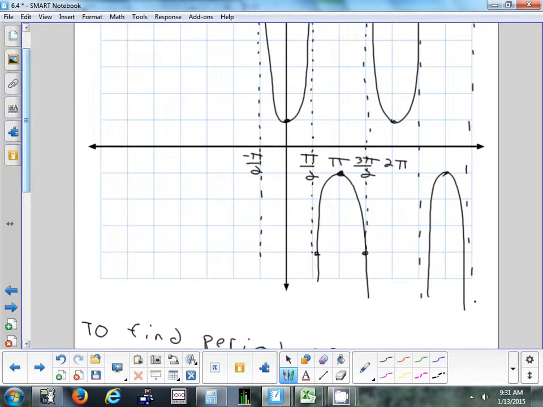Well, pick 2 points on the graph that are common and look at the distance between them. Pick this one, pick that one. That's a reoccurring point. How far apart is it? This one's at 0, that one's at 2 pi. So points on this graph reoccur every 2 pi. That's pi. That would be 3 pi.